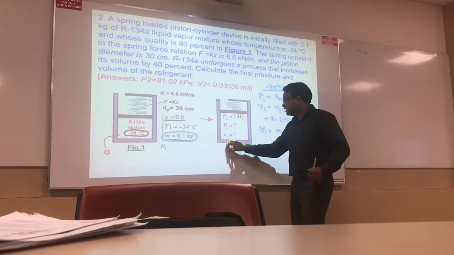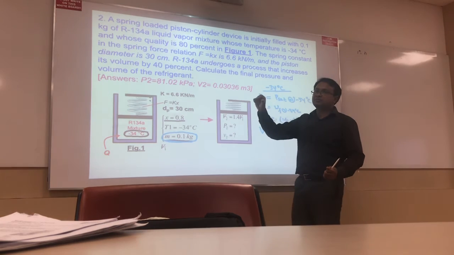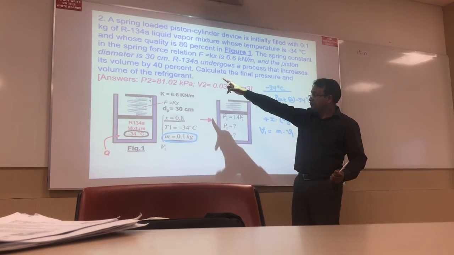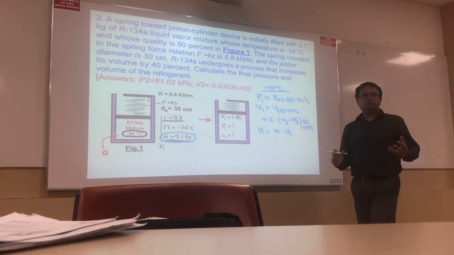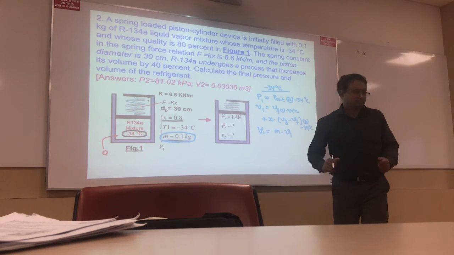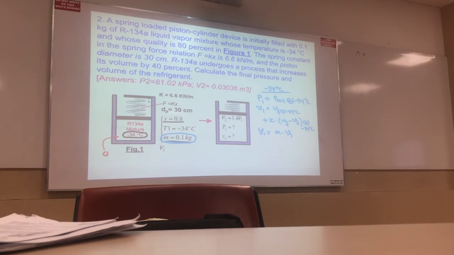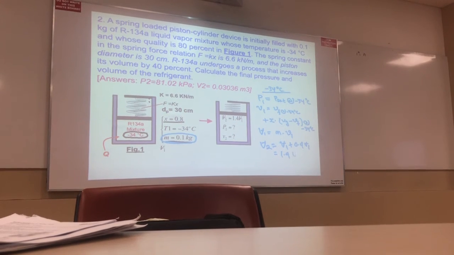After applying heat, the piston is going up and the spring is compressed, right? It travels some distance. Agree? And the volume increases 40%. That means final volume V2 is 1.4 V1, right? Then I can write final volume V2 as V1 plus 40% increase, 0.4 V1, then 1.4 V1.